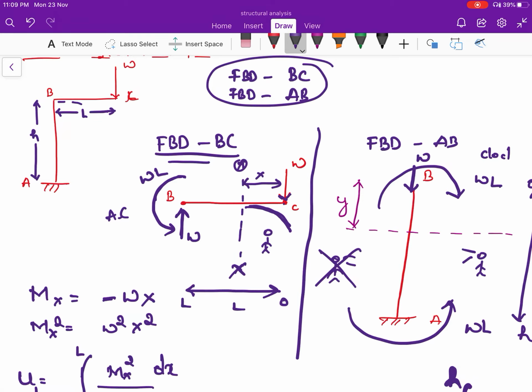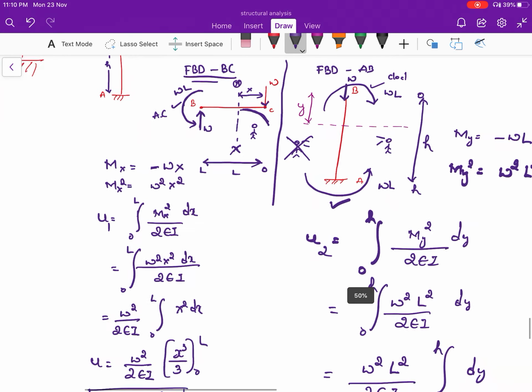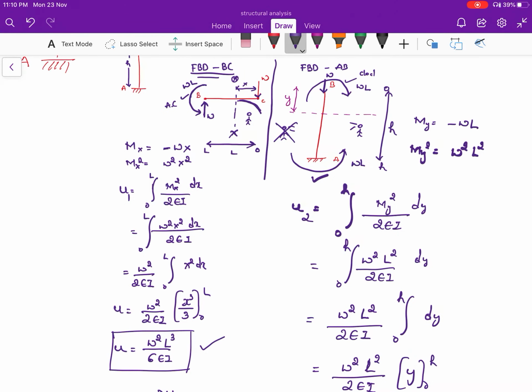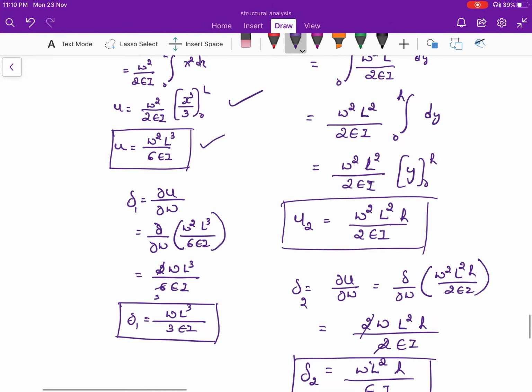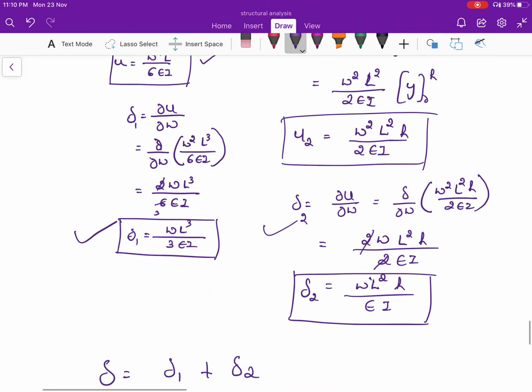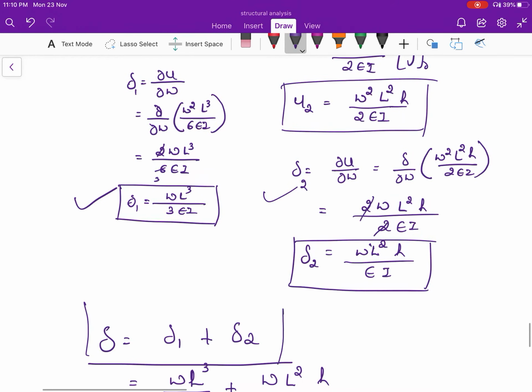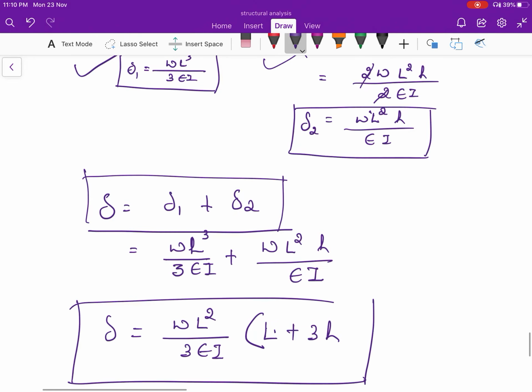Since W is acting in the downward direction, an anti-clockwise moment is going to be produced in order to counteract the moment at point C. If this is anti-clockwise, this comes to be clockwise, then this comes to be anti-clockwise, so that the balance of moment in the beam is maintained. You need to calculate the strain energy as well as deflection for both members. After finding the deflections, you need to add the deflections of the two members in order to get the final deflection in the structure.